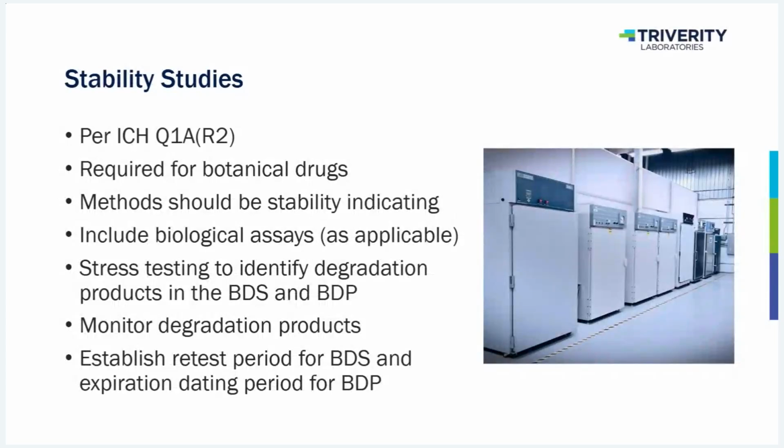Stability studies are required for botanical drugs. And in this case, I think that the ICH Q1A is the only ICH guidance that is referenced in the botanical drug guidance. And in all of the ICH guidances, as we know, I really like my ICH guidances, they specifically say that herbal drugs are outside the scope of those guidances, with the exception of Q2, which is method development and validation.